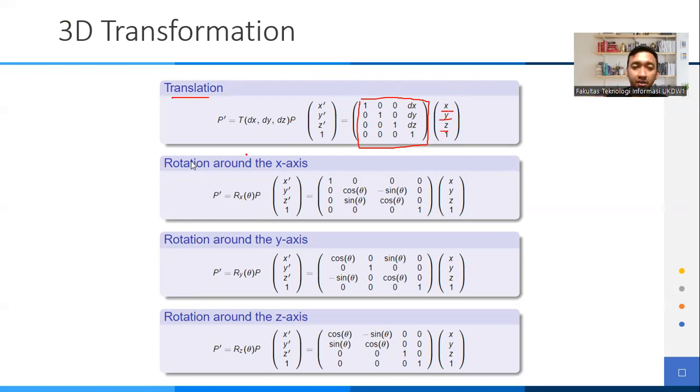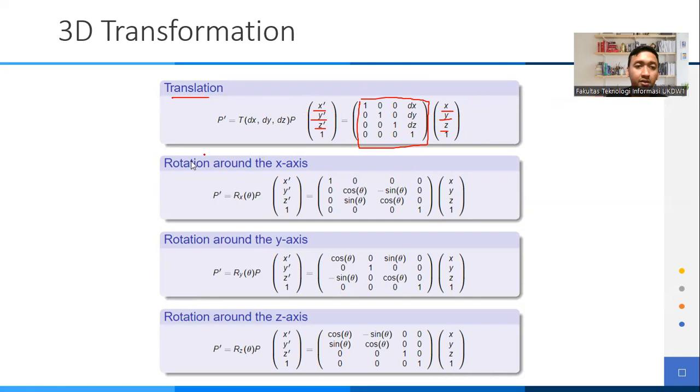After that we can calculate the new coordinate after the translation process. This is the old coordinate x, y, and z, and this is x accent, y accent, and z accent, the new coordinate after the translation process.